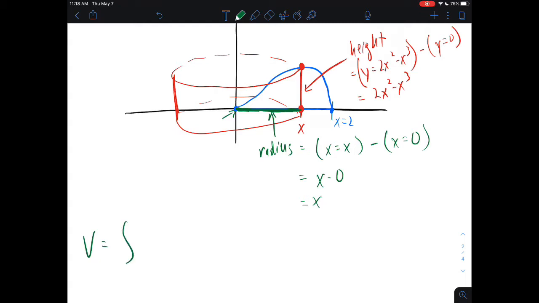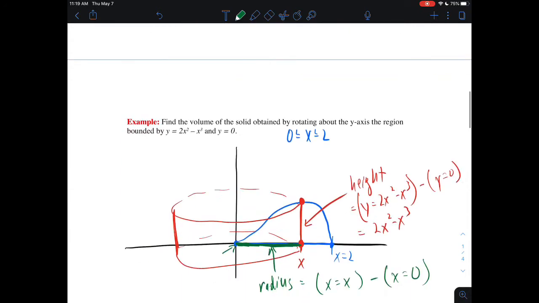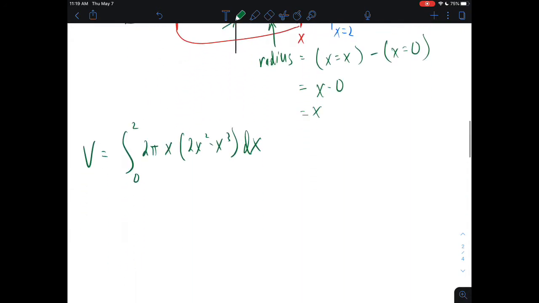So now, my volume is just the integral from 0 to 2 of 2 pi times my radius times my height, which is 2x squared minus x cubed, and then I'm integrating with respect to x. All right, so I just replaced everything in my definition, and now all that's left is just integration.